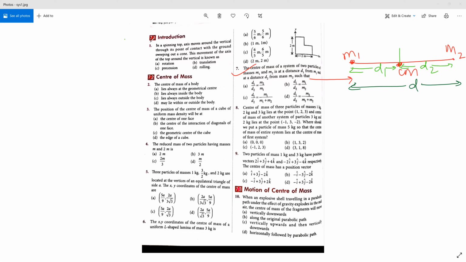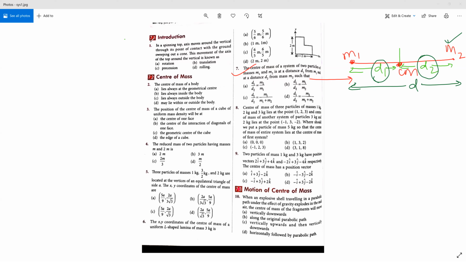From the diagram, m1 and m2 are the masses. CM is the center of mass of the two particles, the point where the whole mass of the body is supposed to be concentrated. The m1 mass is located at a distance of d1 from the center of mass point, and m2 at a distance of d2 from the center point.